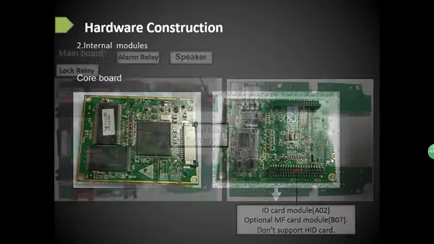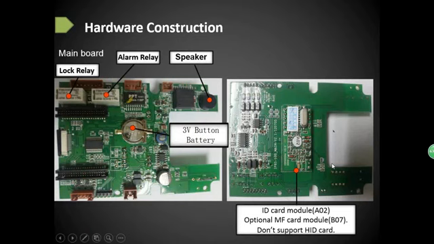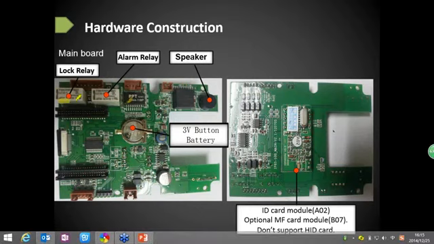Okay. And next one, let's view the main board. The main board also has a front side and back side. On the front side we can view the lock relay. The lock relay helps you open the lock.